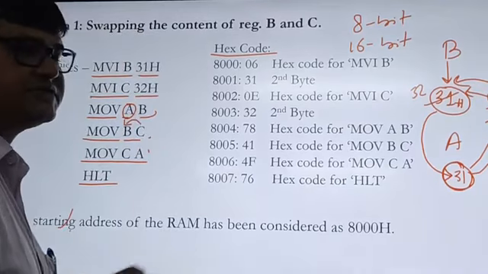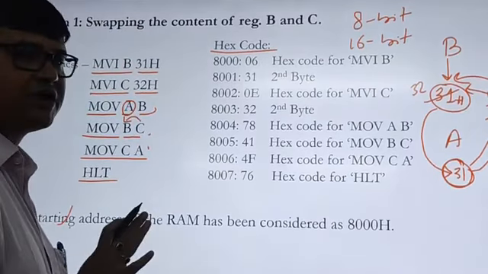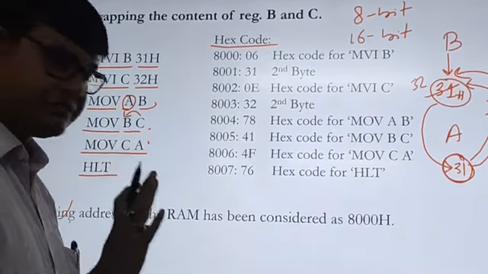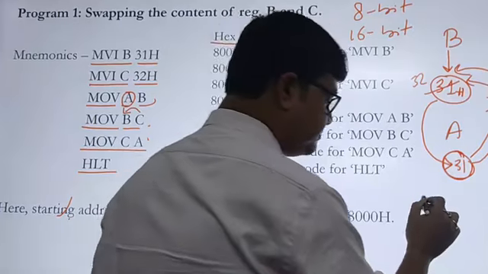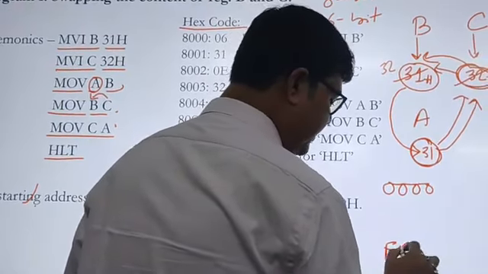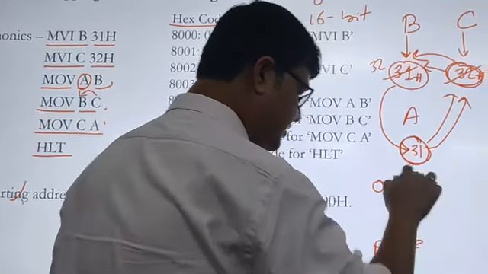So maximum 16-bit addresses can be accessed by the microprocessor. In the hexadecimal number system, the address must be from 0000 and end at FFFF.